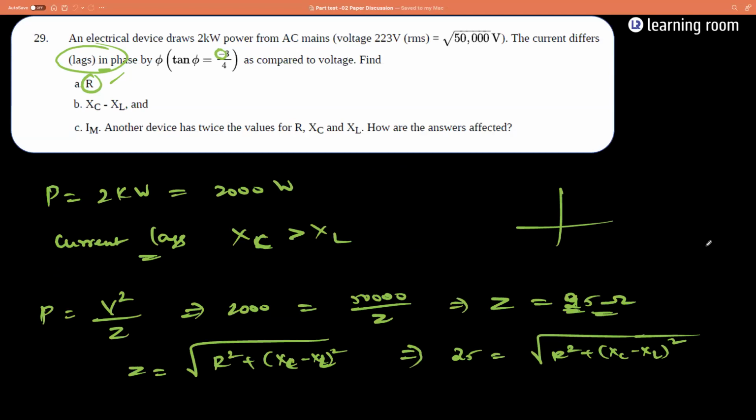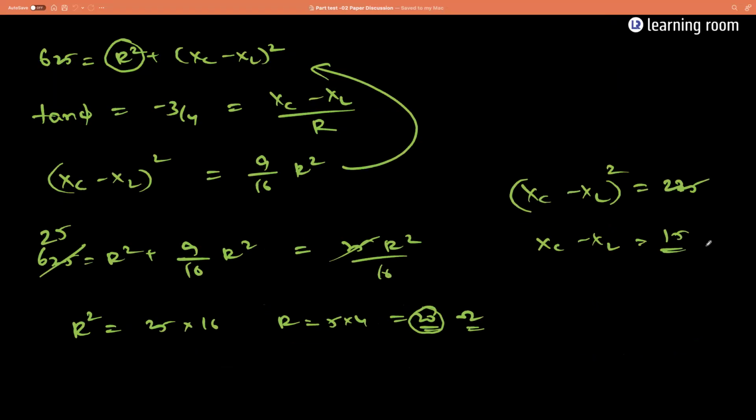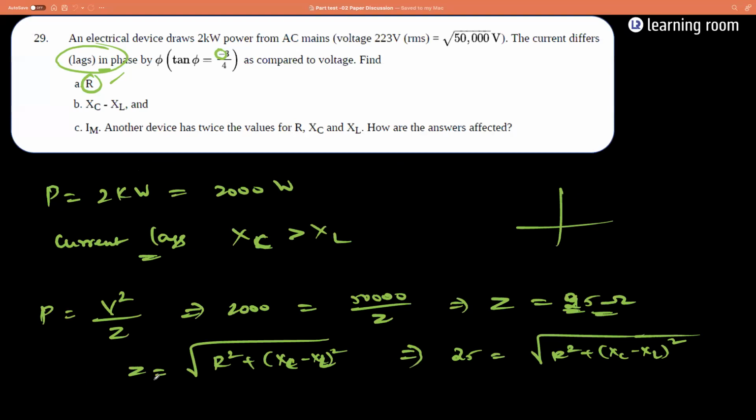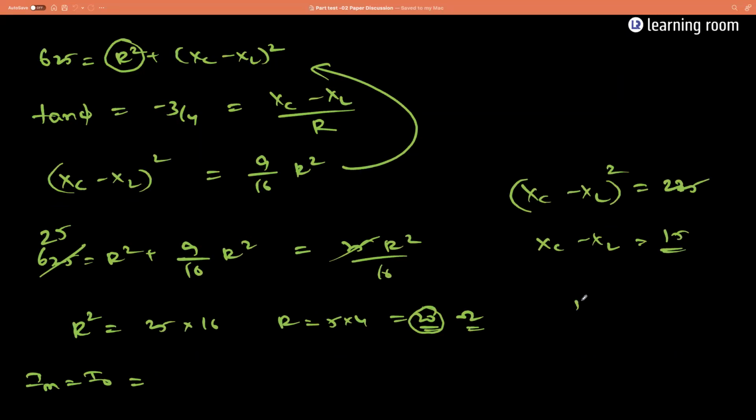Find the value of IM. So IM is maximum current, which is I naught. So you know the value of VRMS. If VRMS is known, how will you calculate IRMS? IRMS will be equal to VRMS divided by Z. VRMS 225 divided by Z, which is 25.